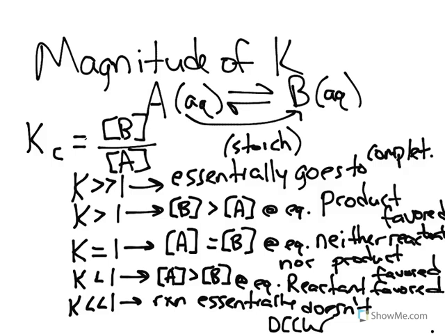Hardly any turns into B, but again, we know there has to be some that turns into B, otherwise it can't be at equilibrium. There must be some reactant and some product remaining, or it can't be at equilibrium. This is going to create a helpful trick later in this unit, but it's just easier to realize the reaction essentially doesn't change or doesn't occur, which means if we think about it, the concentration of A, my reactant, basically won't change there.